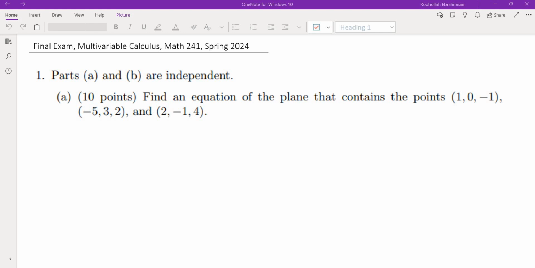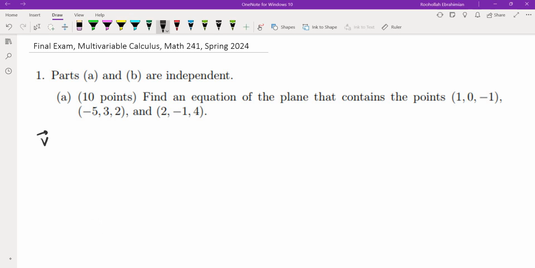So the first thing we need to do in order to find an equation of a plane is find one point and a normal vector. We are given 3 points, so we'll find 2 vectors on the plane. One of them is the difference of the first one and the second one, so (1, 0, -1) minus (-5, 3, 2).